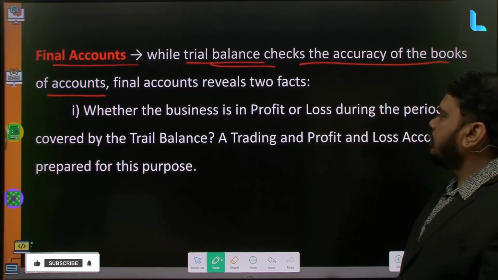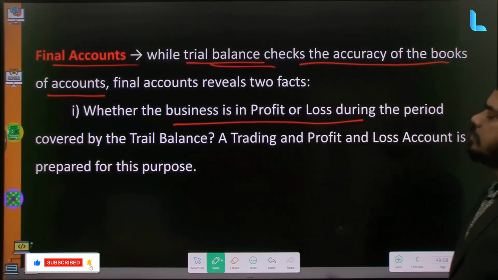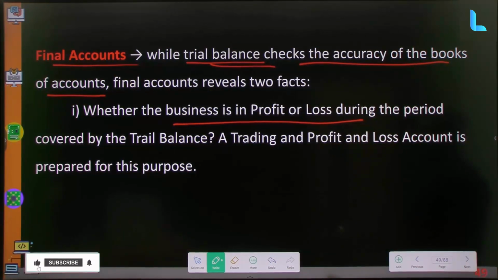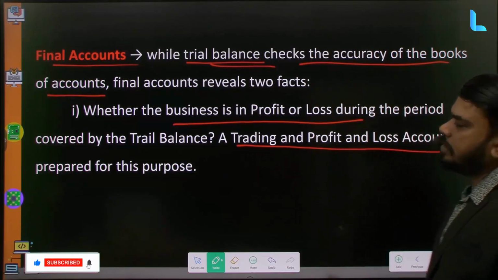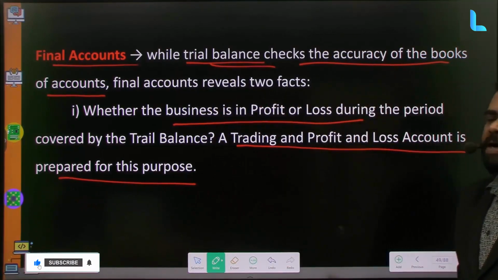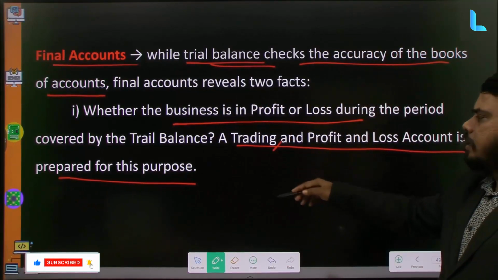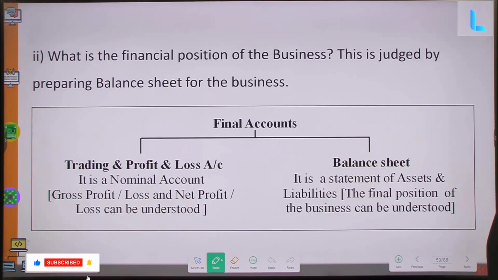Then after that, to find out whether our business is in a profit state or in a loss state, a trading and profit and loss account statement is prepared from the trial balance.